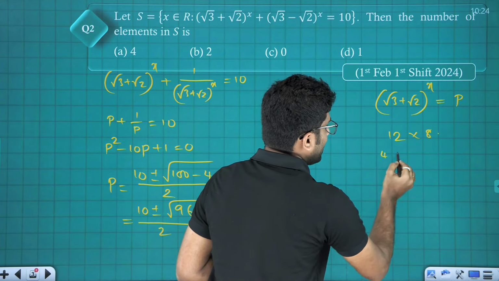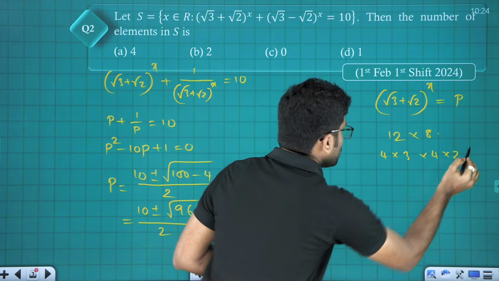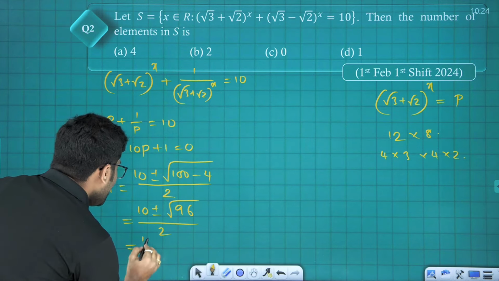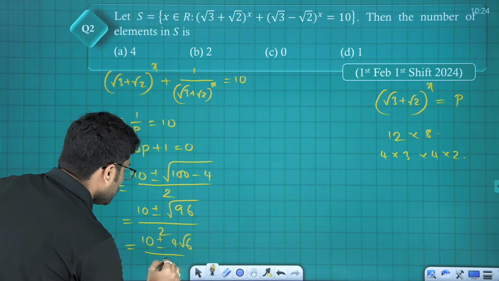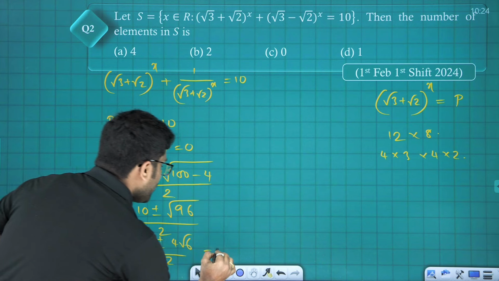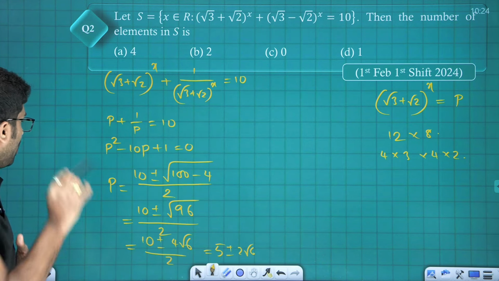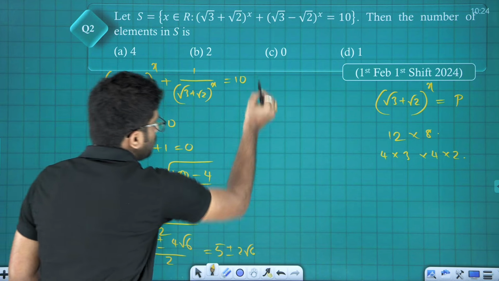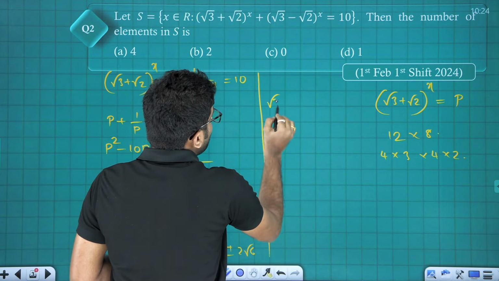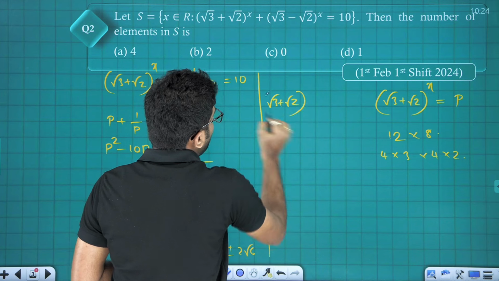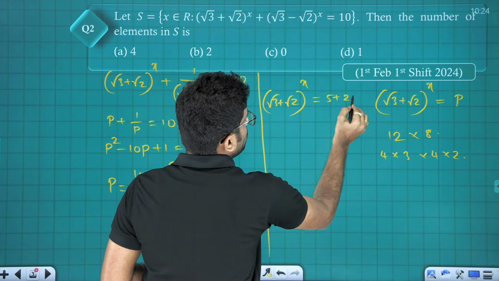We can write 12 as 4 into 3 and 8 as 4 into 2. So we can write this as 10 plus or minus 4 root 6 divided by 2. That is clearly 5 plus or minus 2 root 6. Okay, we have got the value of p as 5 plus or minus 2 root 6. So what is p actually? P is (root 3 plus root 2) to the power x, which is equal to 5 plus or minus 2 root 6.